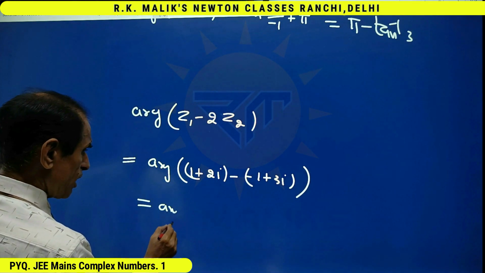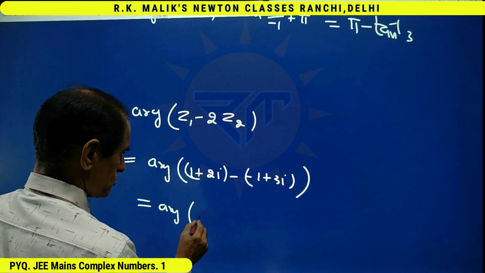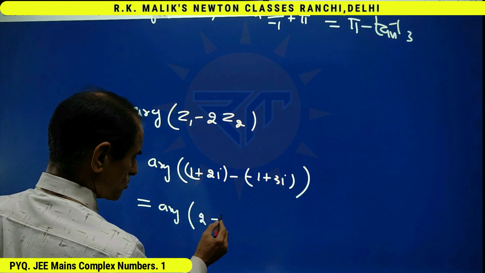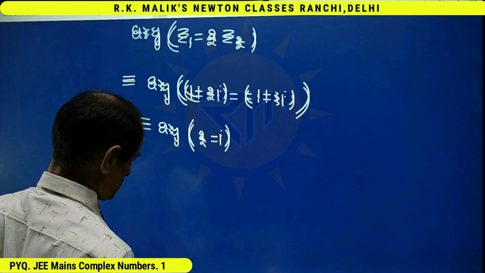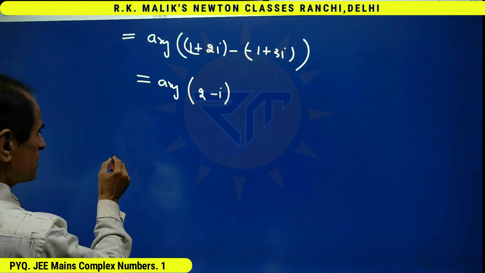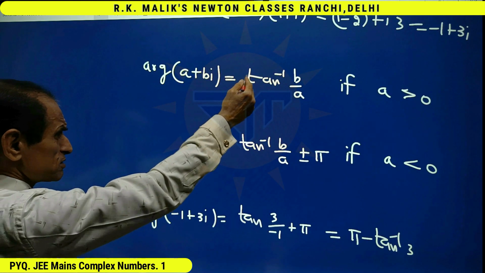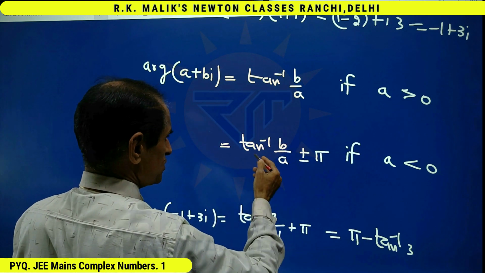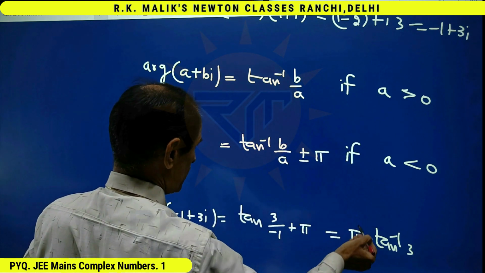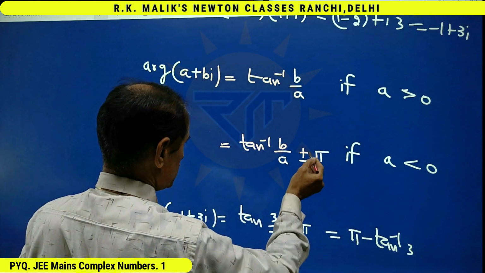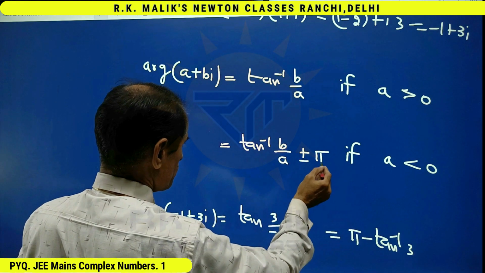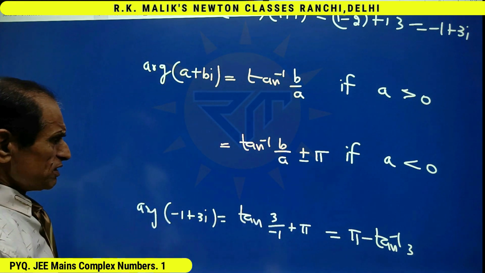That is argument of 3 minus 4i. And as I told you, argument of a plus bi is this if a is positive, this plus minus pi if a is negative, plus pi is used if b is positive, minus pi is used if b is negative.